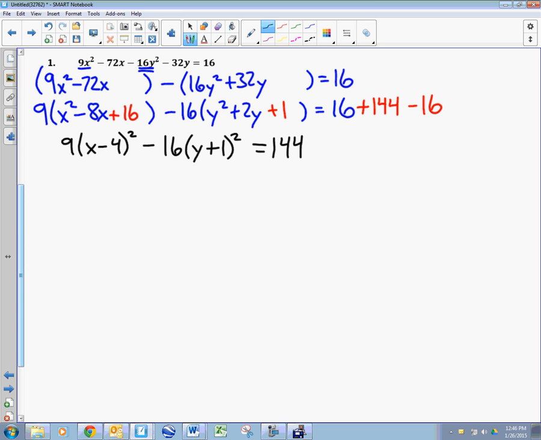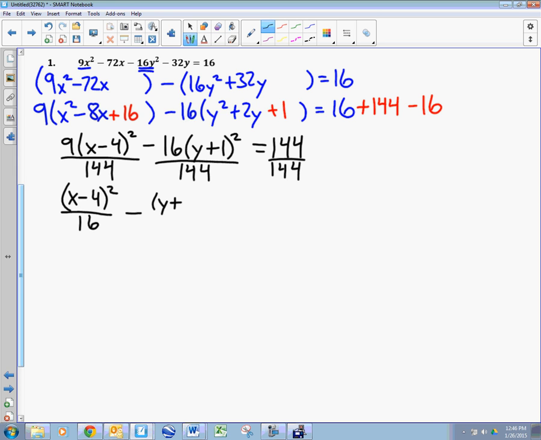Is it looking closer to the form that we want? The form we want is set equal to 1. So therefore we divide by 144. 9 over 144, 16, 9.